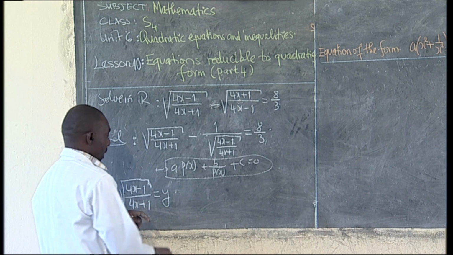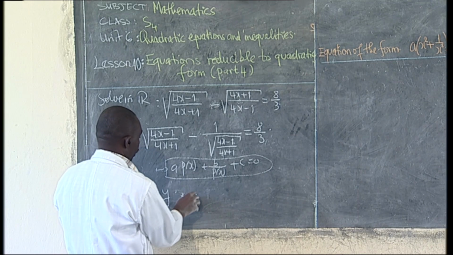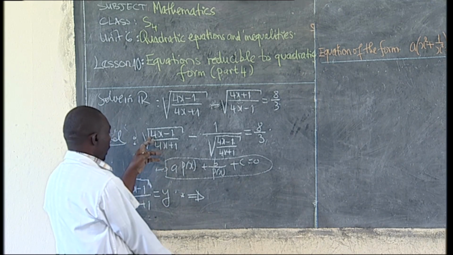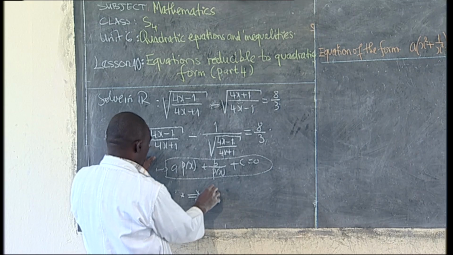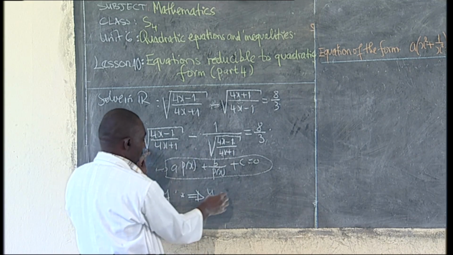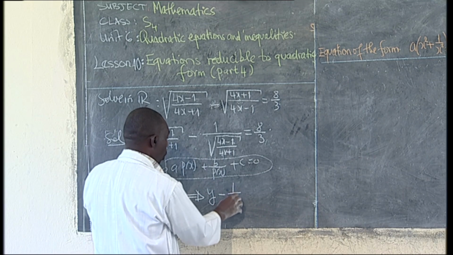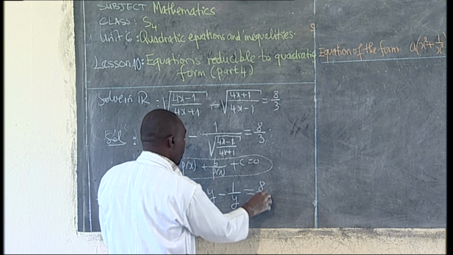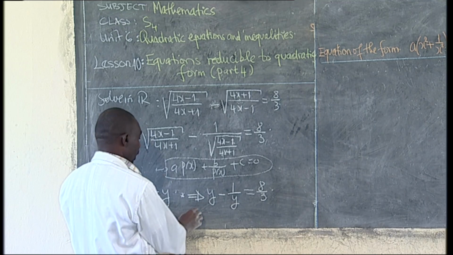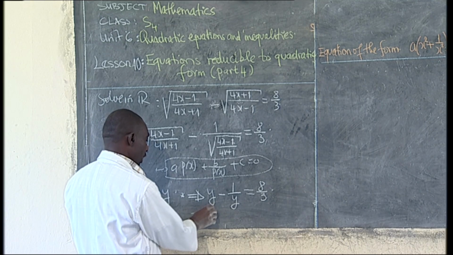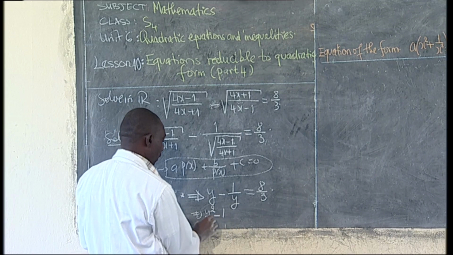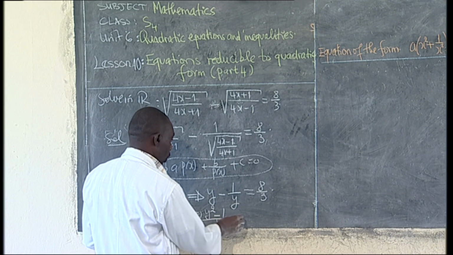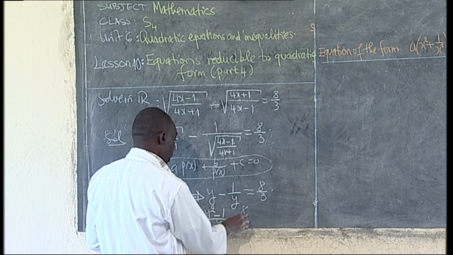And then our equation is changed. We have y minus 1 divided by y, which is equal to 8 divided by 3. So this is y squared minus 1 divided by y, equal to 8 divided by 3.